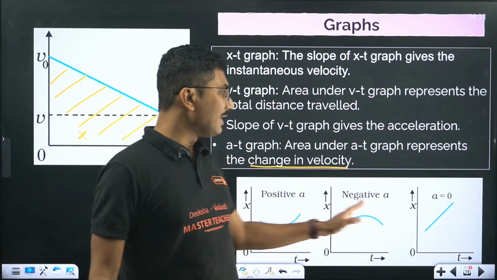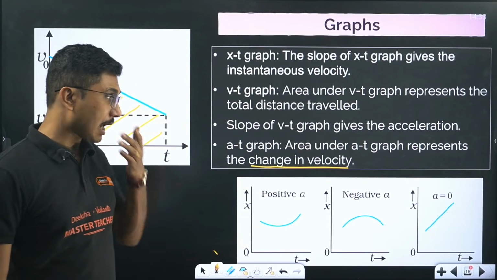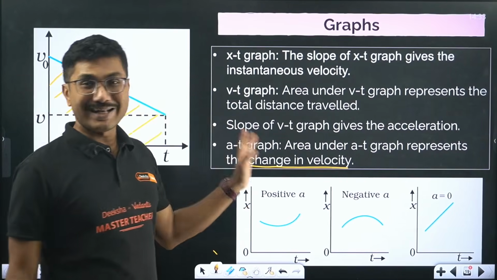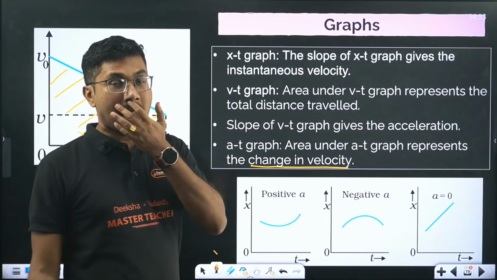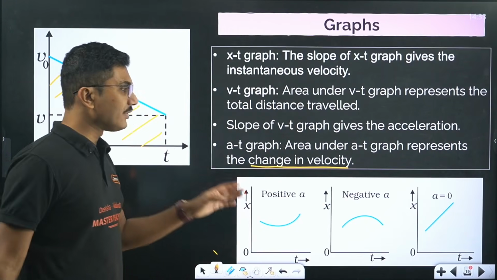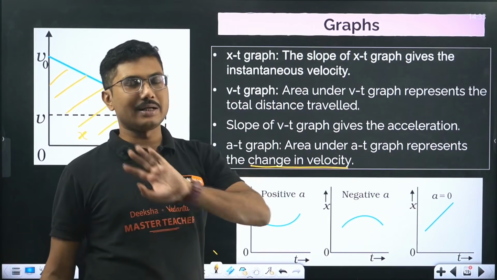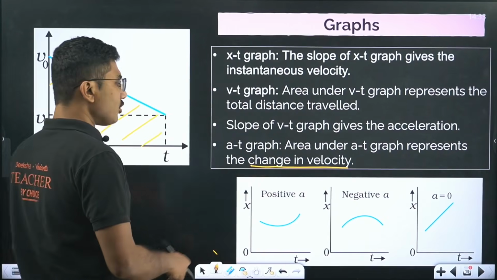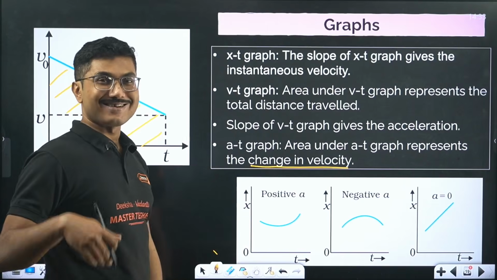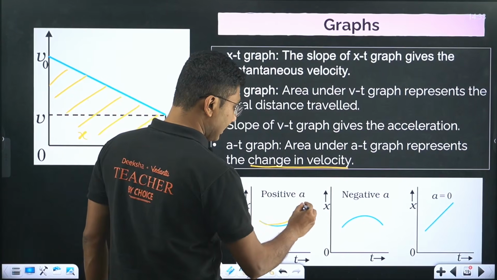Now there are three different graphs for a position time graph, for when acceleration is positive, when acceleration is negative, and when acceleration equals 0. These are the three graphs which represent three different cases, and these cases are very important. For positive acceleration, when the acceleration is increasing with time, the xt graph will be increasing as well.